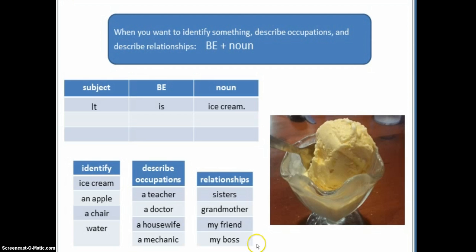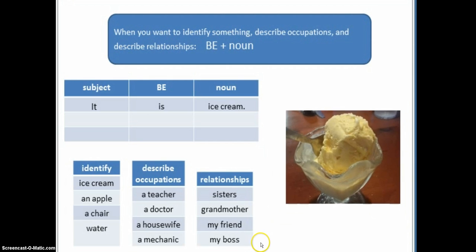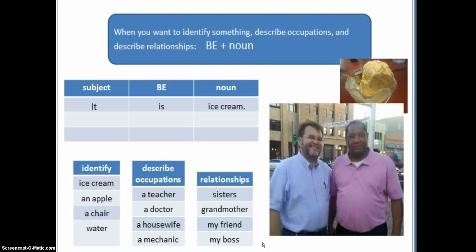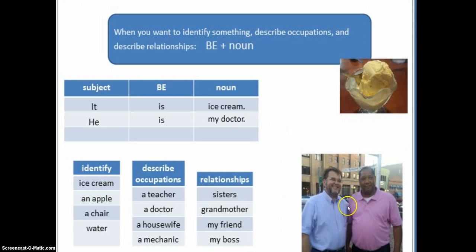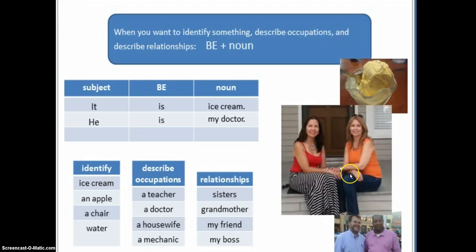We start off with ice cream, and then a picture of myself and this person who I said was a doctor. He's actually a buddy of mine from school. And then we go on to describe relationships. In this case, I use a picture of my sweetheart and her sister and say they are sisters.